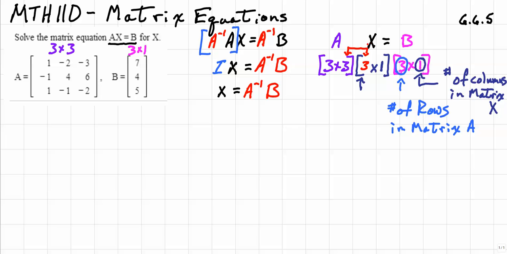So that means that we can transform matrix X into a variable matrix of 3 rows and 1 column. So let's write this out. We're going to have matrix A times matrix X equal to matrix B. Matrix A, we know, is a 3 by 3 matrix, and we're going to write the matrix out.